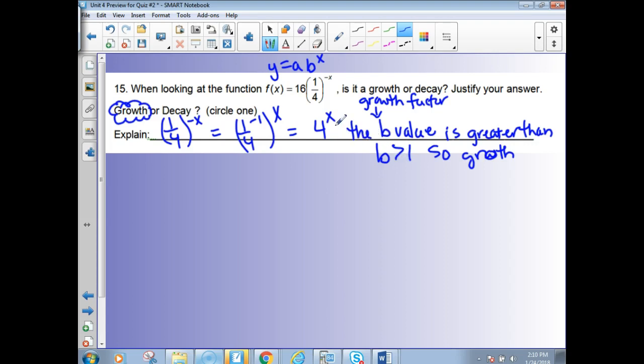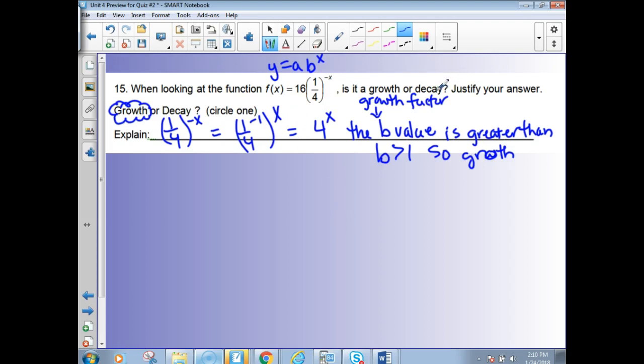No, you could say 4 to the x, so b is greater than 1, which is growth. Something like that, all right? But you got to show this, all right? The why? Correct. You can't just write b is bigger than 1. Show me why.